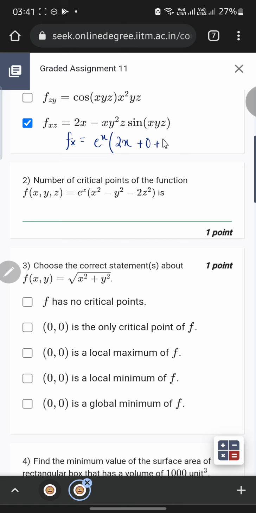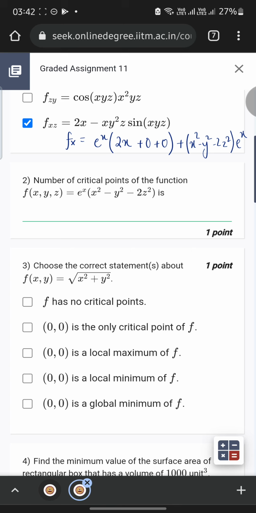This would be 0, this would be 0, as we are differentiating with respect to x. Now that plus, this will remain the same, x square minus y square minus 2z square into e raised to power x. I hope you agree with me on this part. First I differentiated the bracketed terms, and then I differentiated e raised to power x, right?